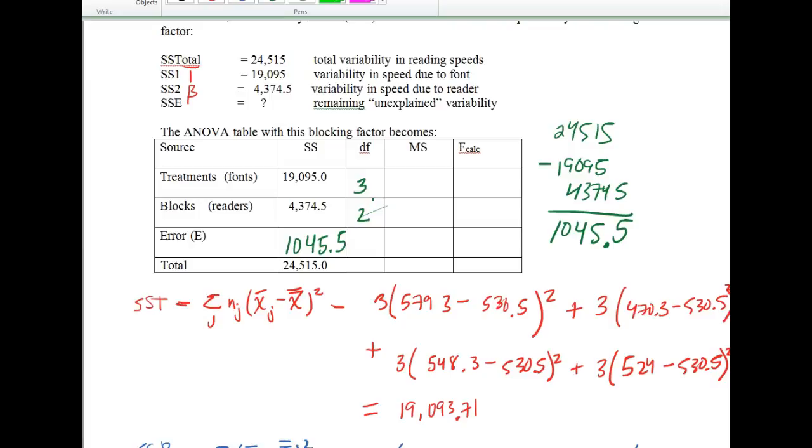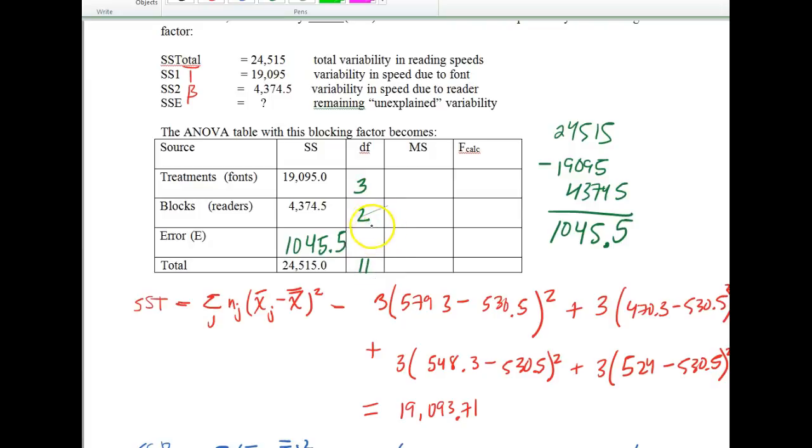And then for the total, it's just going to be n minus 1, essentially, or pb minus 1, either way. And that's just going to be 12 minus 1, so it's going to be 11.